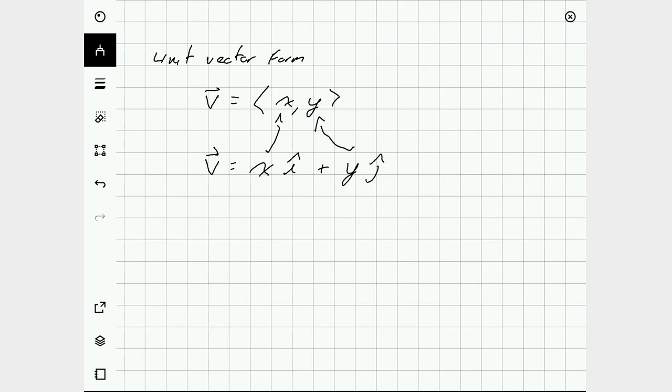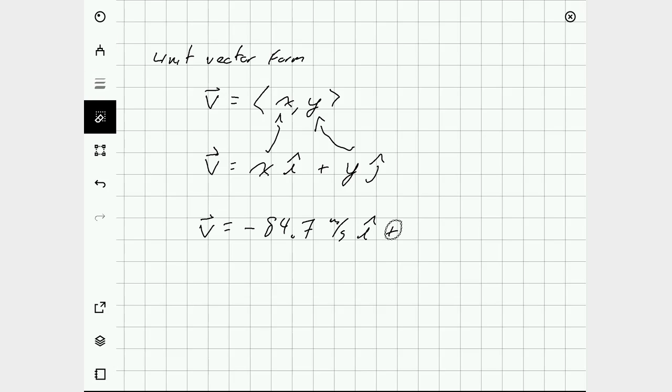But in this context, we can write the same vector. So instead of calling it in component form, we can have negative 84.7 meters per second i plus, or I guess it would be minus 35.9 meters per second j.